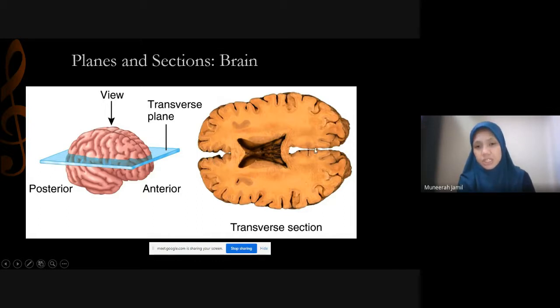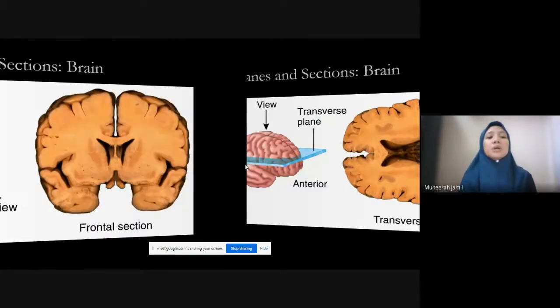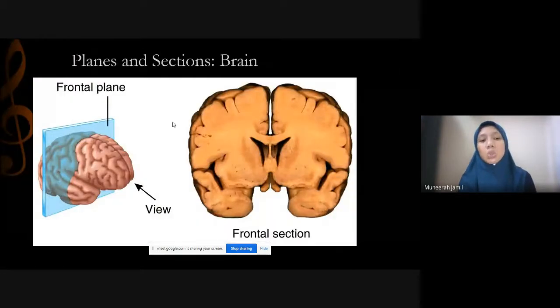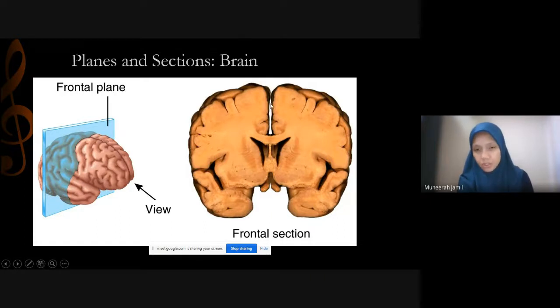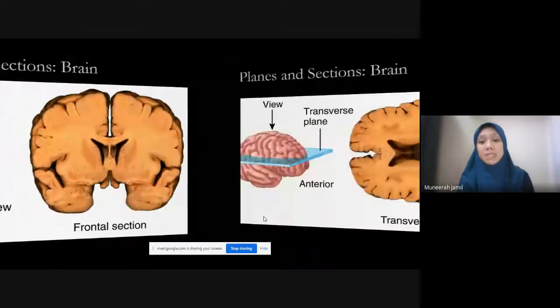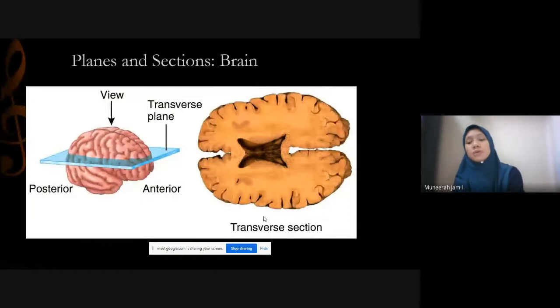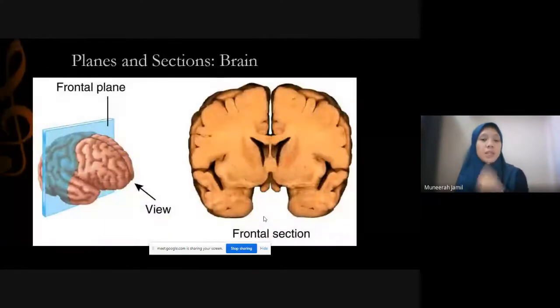Ni transverse section. Kalau you cut it into frontal plane, tengah-tengah, then you akan bahagikan dia kepada bahagian anterior dan bahagian posterior. So you nampak section frontal brain jadi pula. So kan beza tadi. Boleh tengok potongan brain dalam bentuk macam ni ataupun potongan brain yang dalam bentuk macam ni.